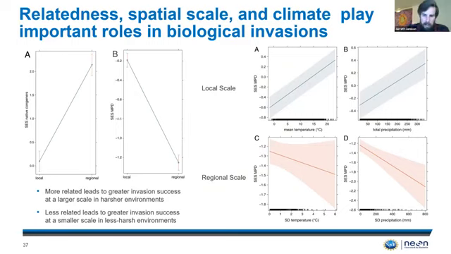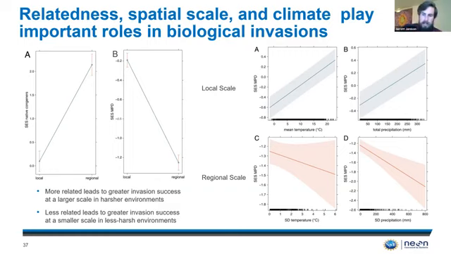The figure on the left shows you the relationship between the relatedness of invasive species and native species and spatial scale. For box A here, we can see that the expected number of invasive species with the same genus as native species, otherwise called congeners, in a plot increases with scale.